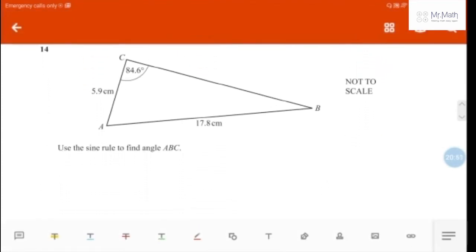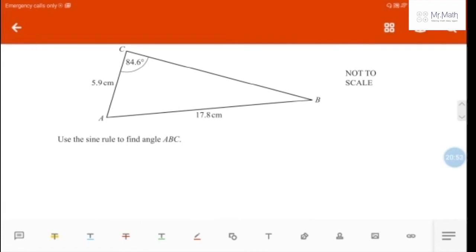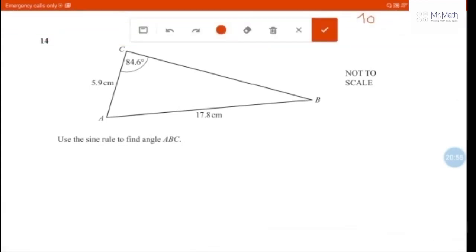Now, in question 14, I'm given this triangle and I have to find angle ABC. So it says use the sine rule to find angle ABC.